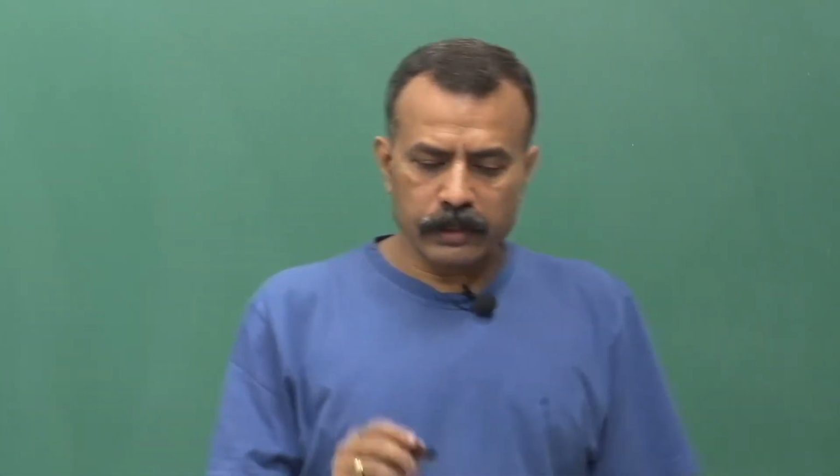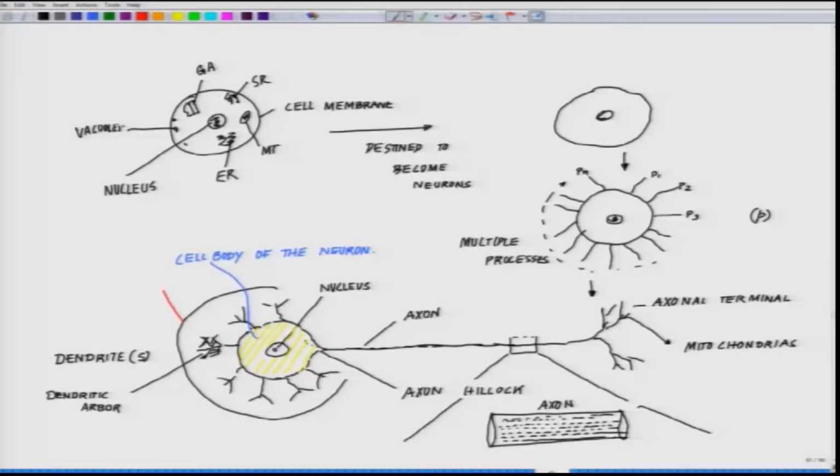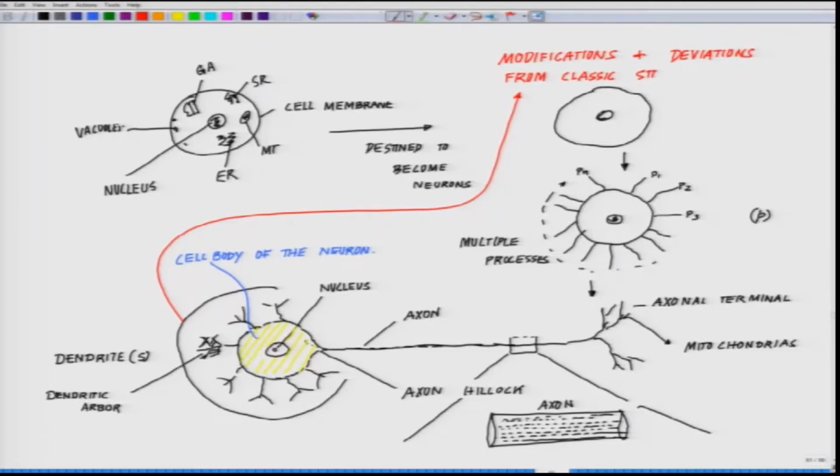But at this stage, I will just highlight that the modifications and deviations from the classic structure of a neuron are many, and depend on context.